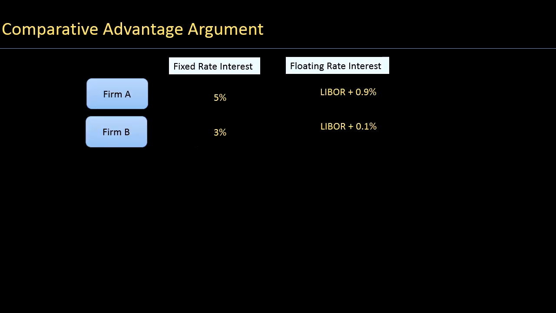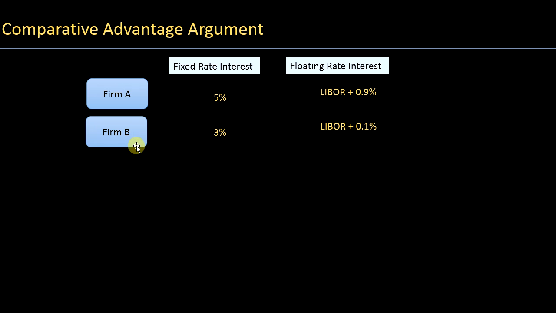Now we are going to look at the comparative advantage argument in interest rate swaps. Let's assume there are two firms, firm A and firm B. These are the interest rates available for firm A and firm B in the market.